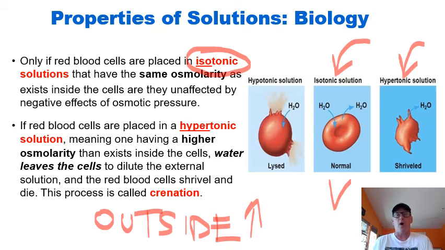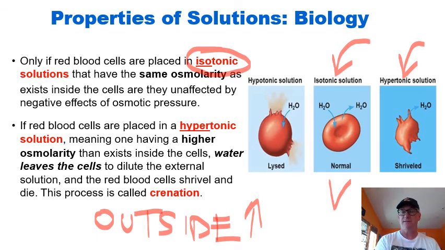Well, we know that water is going to move from where the solute concentration is low to where the solute concentration is high. And so the water is going to move out. It's going to be an efflux of water out of the cell.